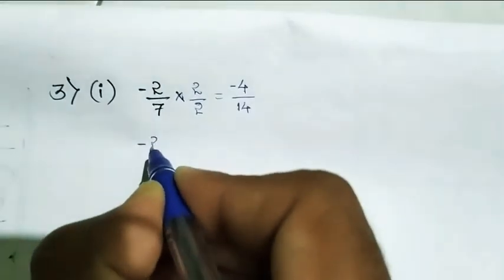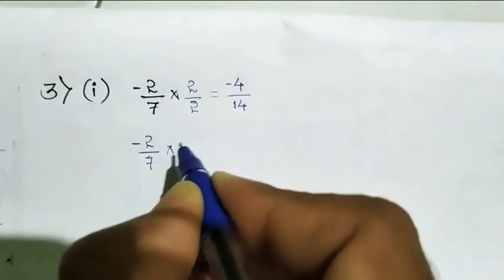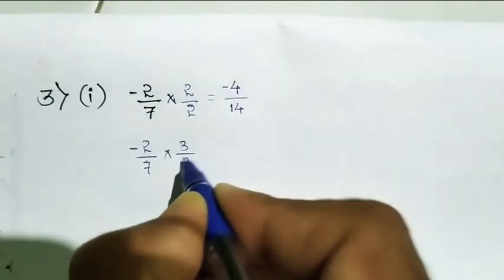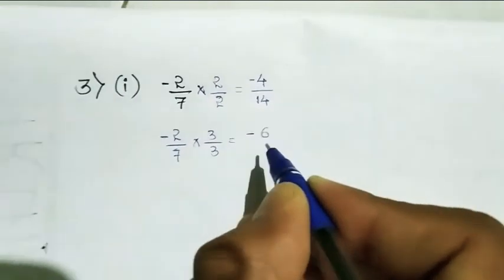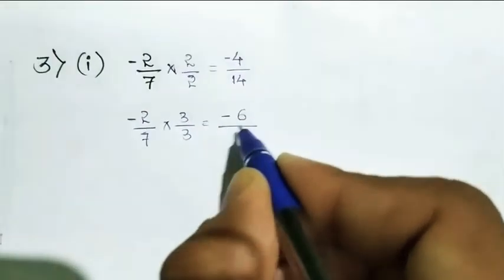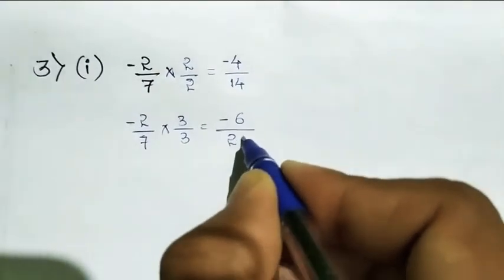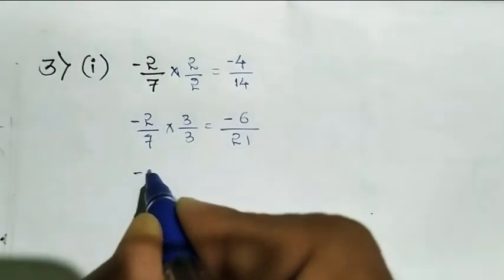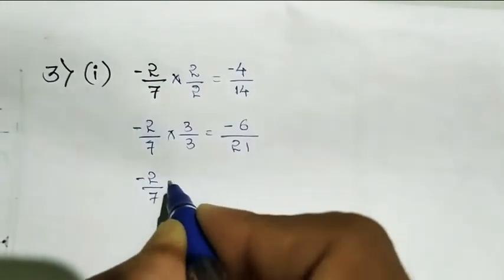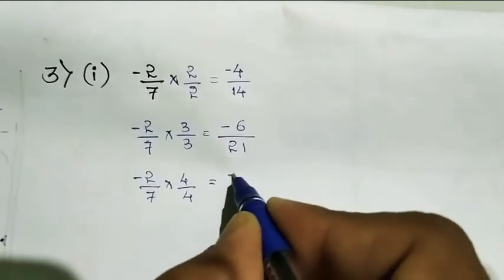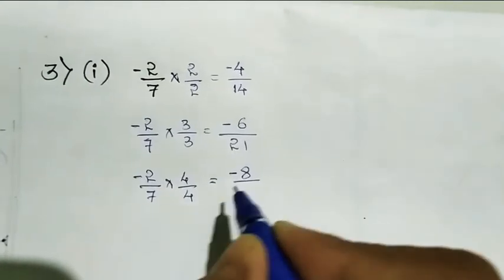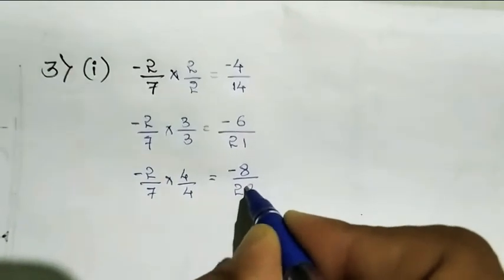Again, minus 2 by 7. Now multiply with 3 by 3. Here you will get minus 2 into 3, it will be minus 6, next 7 3s are 21. Again, for the third one, I will multiply with 4 by 4. 4 2s are 8, which is minus 8, divided by 7 4s are 28.